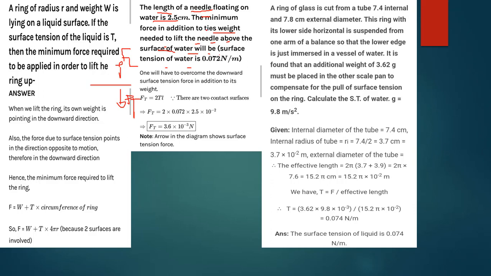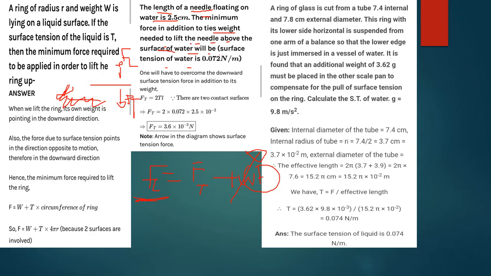Okay, but remember they said in addition to the weight, so the weight you have to leave out. The lifting force equals the force of surface tension plus weight. So when they say the minimum force in addition to its weight, it means the other force you add apart from weight to make the lift force.